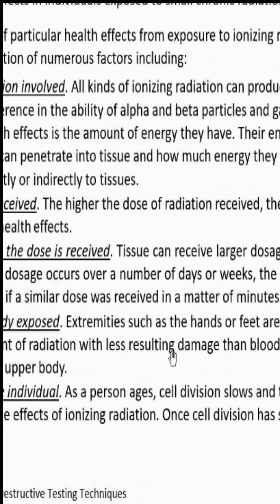That means different body organs are affected differently by the same amount of radiation. And whether a person working is 18 years and below or above 18 years. Basically, we can classify this into two groups: children and major.